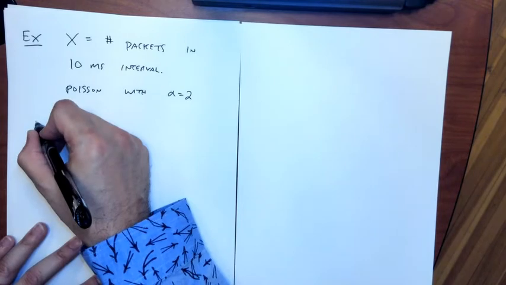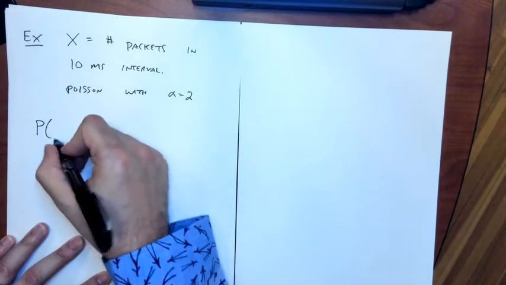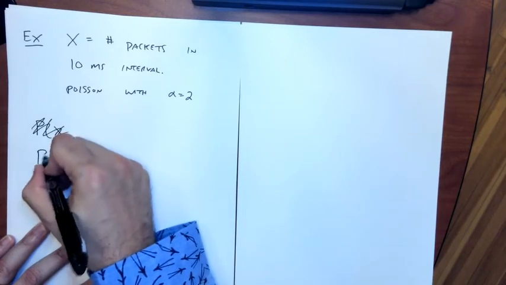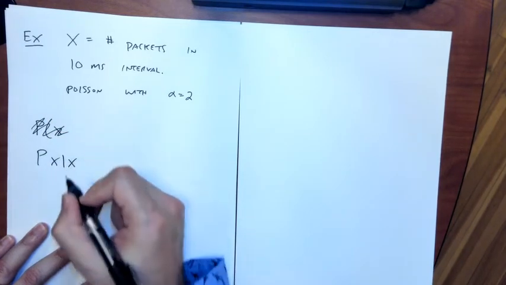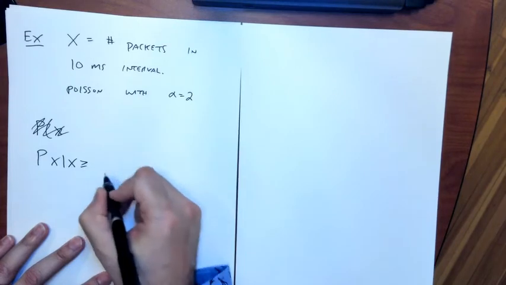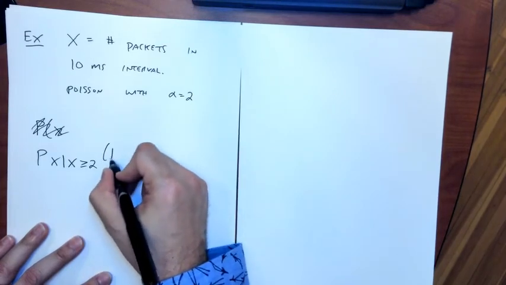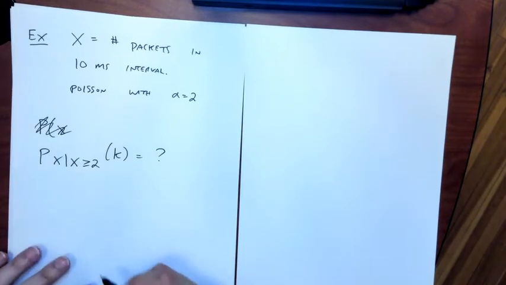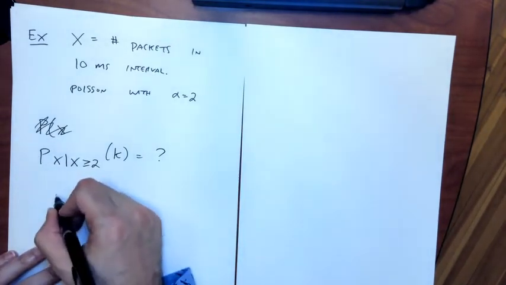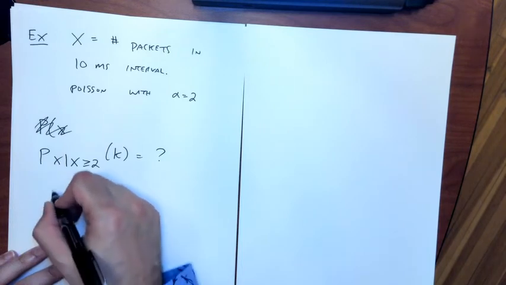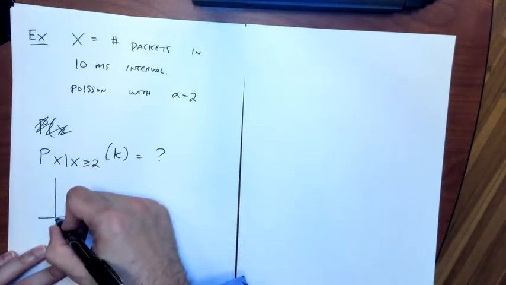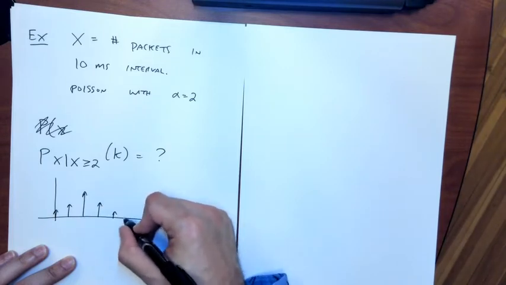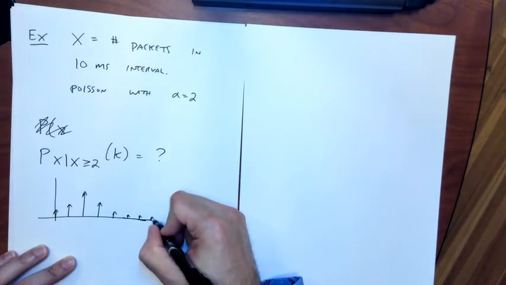What would be the PMF of X given that X is greater than or equal to 2? Well, what this Poisson PMF looks like is probably something that peaks at 2 and then tails down, right?